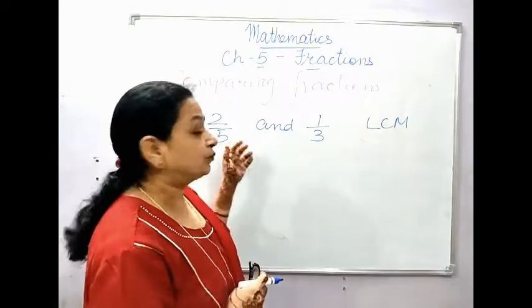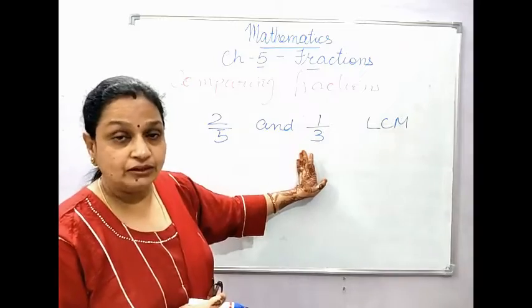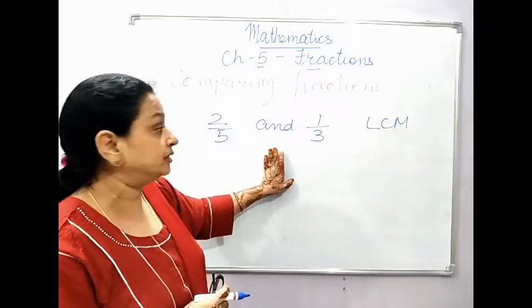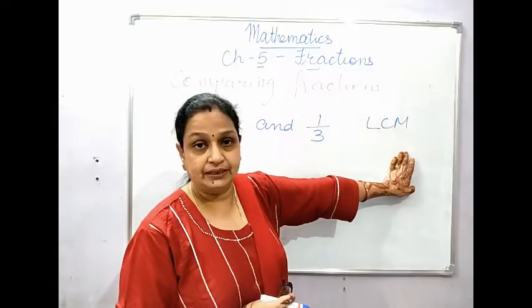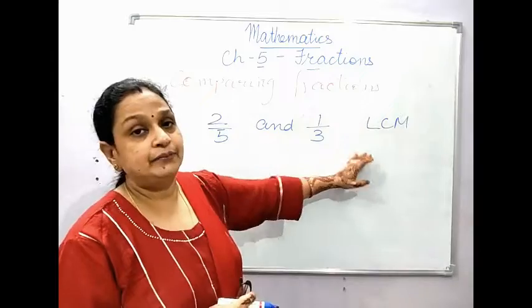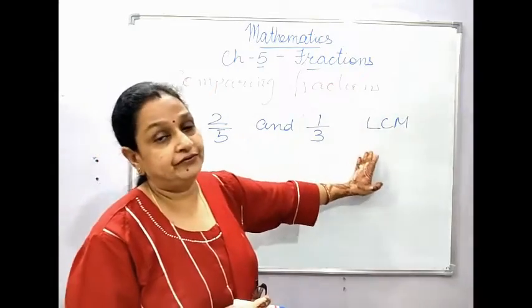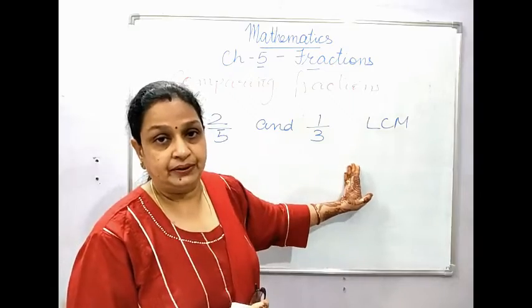I'll again explain. When both the numerators and denominators are not same, that is, it is an unlike fraction, you find out the LCM of the denominators, the lowest common multiple, and with the help of that LCM, you find out the equivalent fractions. And then you compare. Okay?